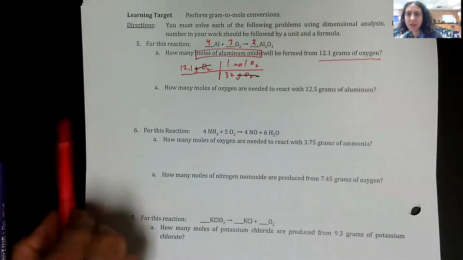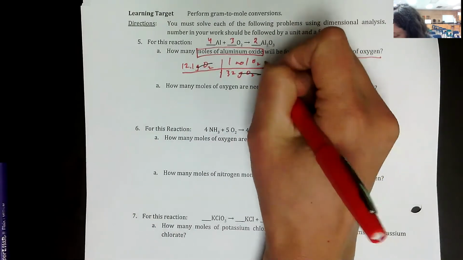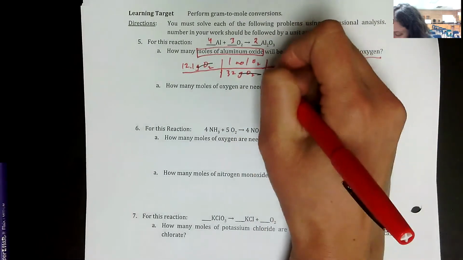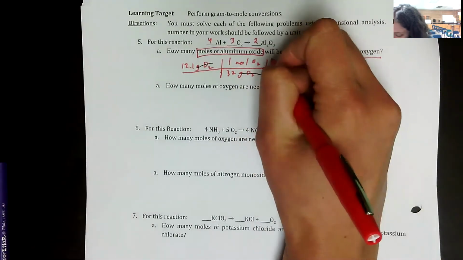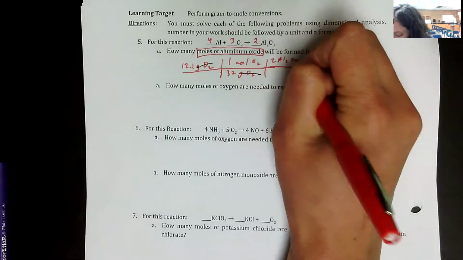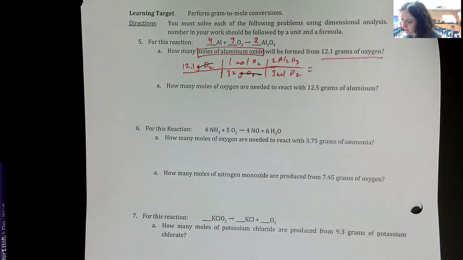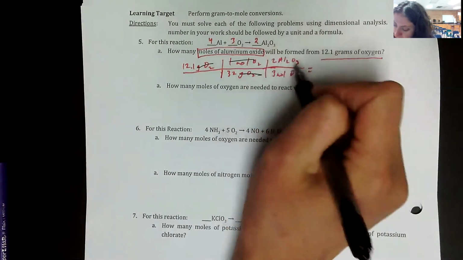We are now at moles of oxygen, and we can use our molar ratio. Our molar ratio in this case is for every 2 moles of aluminum oxide requires 3 moles of oxygen. So that will cancel out our moles of oxygen.